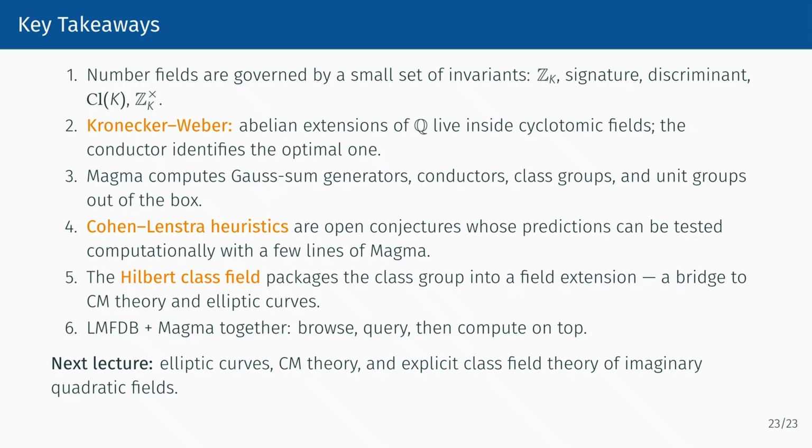You can use Magma to compute the conductor. You can use it to compute the Gauss sums that generate these. You can use it to compute class groups and unit groups. We talked a little bit about the Cohen-Lenstra heuristics, which give you open conjectures that you can test pretty easily with Magma and LMFDB, but they're difficult to prove.